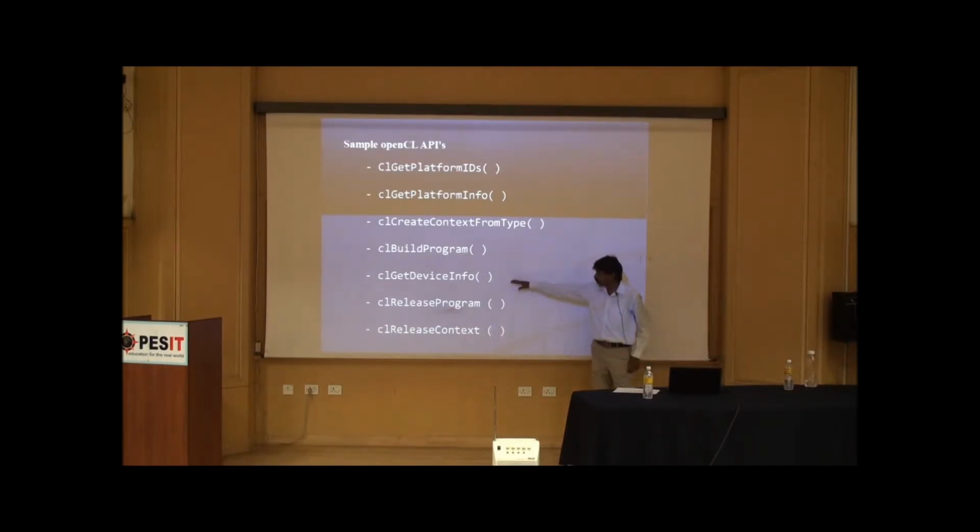Then you can get the device info. Once the program is complete, you release the program and the context. This is a cleanup activity. I listed these just to show how the APIs look together.